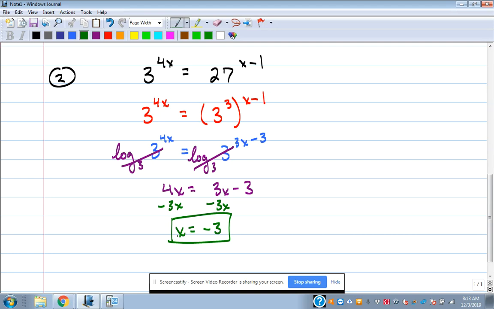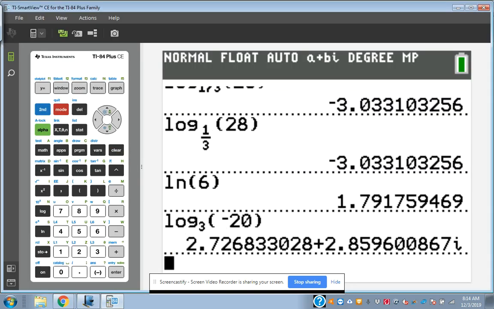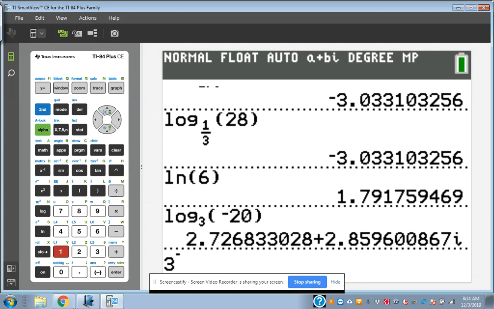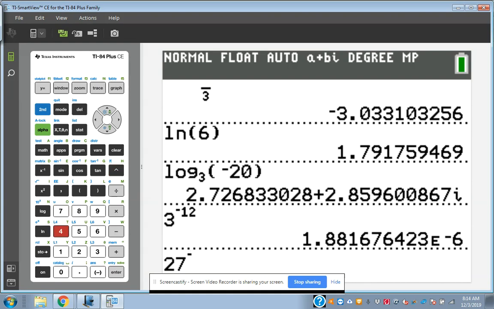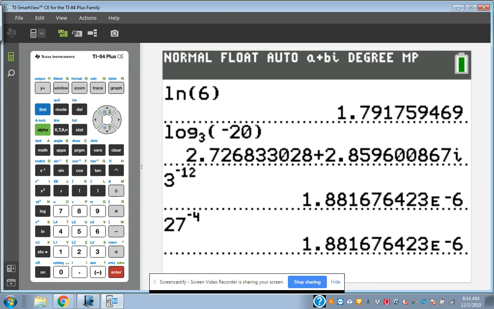And if you go back to the original problem, 3 to the negative 12, and then 27 to the negative 4, you could check those with the calculator. 3 raised to the negative 12 is that. And then 27 raised to the negative 4, same number.